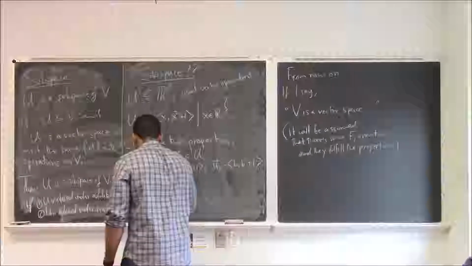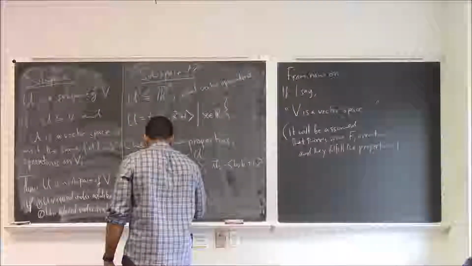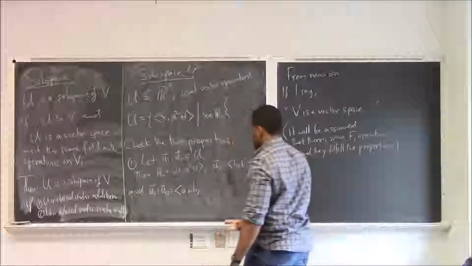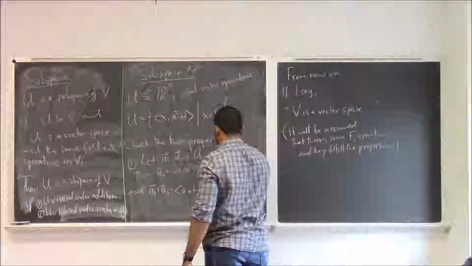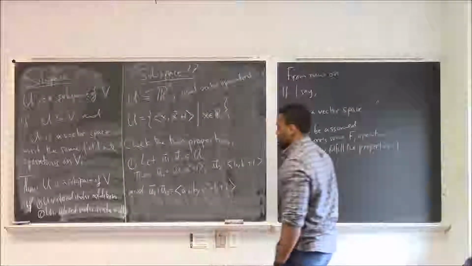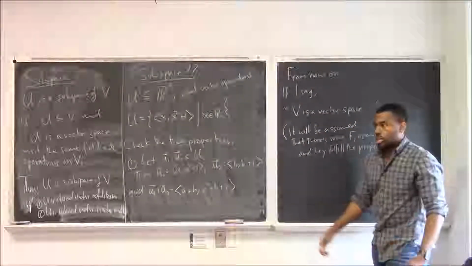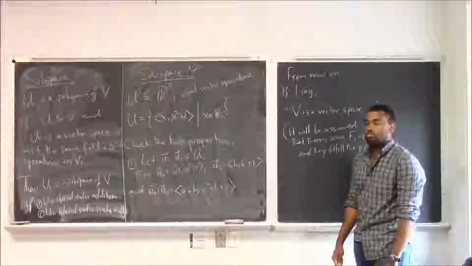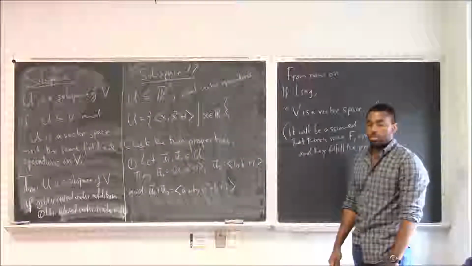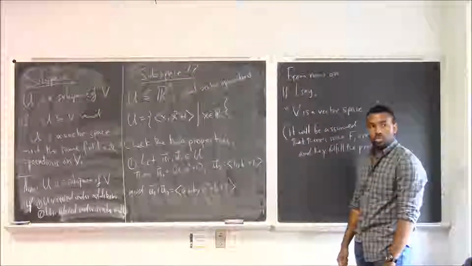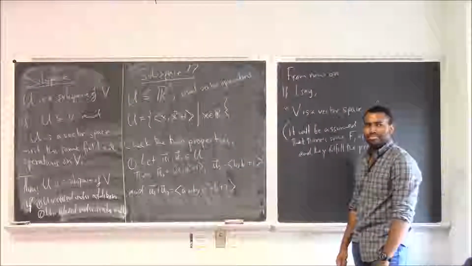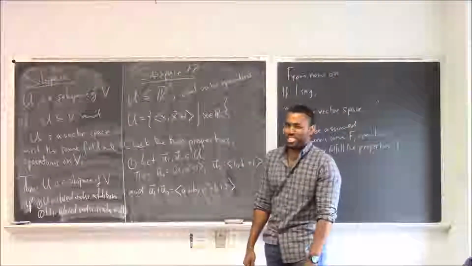And if we take U1 plus U2, with the usual vector operations, this will give us (a plus b, a squared plus b squared plus 2). Does that work? Yes. No.